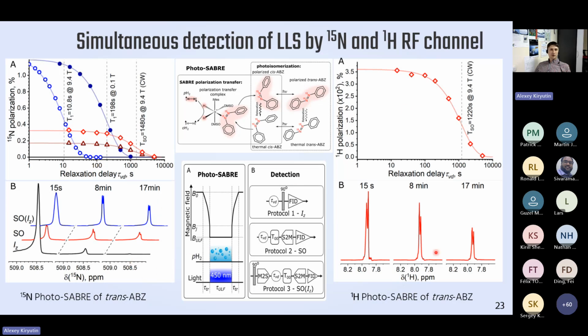On the right side, proton NMR spectra of the long-lived spin order of the ortho protons are shown. Fitting the data allowed us to determine the relaxation times of the combined multinuclear 1H and 15N long-lived spin order, which is 1,200 and here 1,000, almost 500 seconds, corresponding to 20 and 25 minutes, respectively.